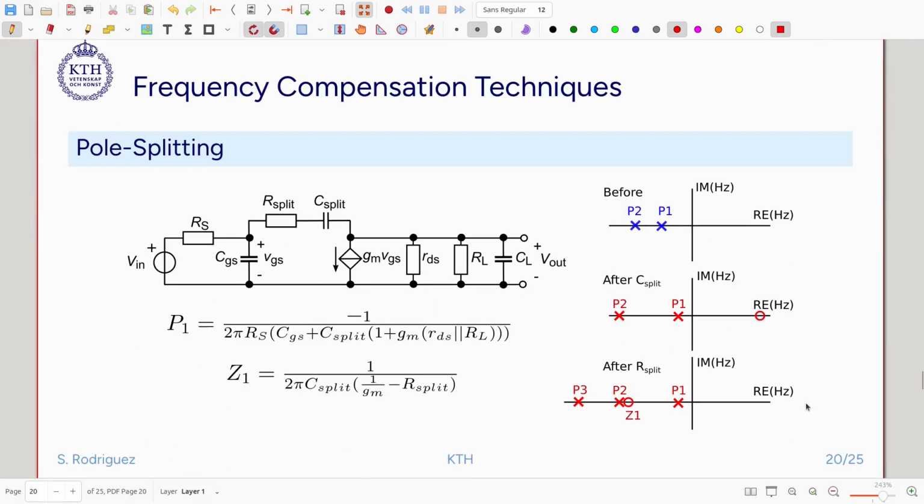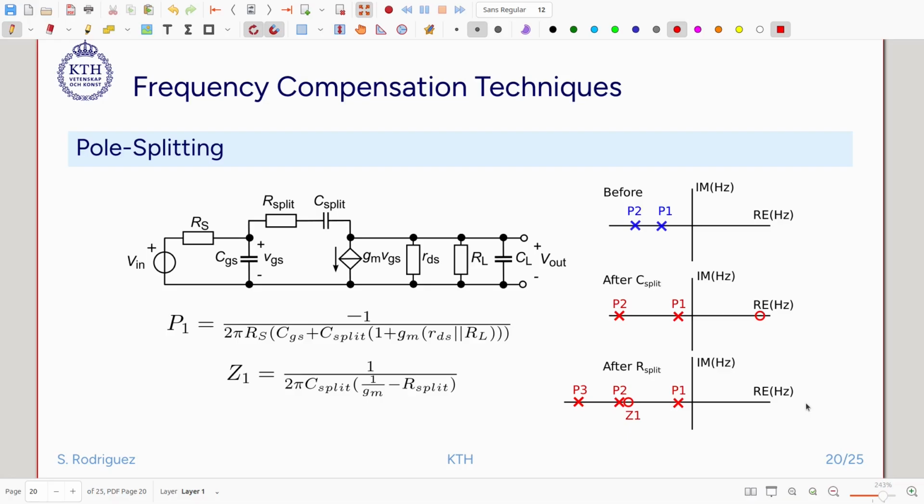Okay. Sometimes we have the situation in which the application of the phantom zero does not work. It's not that it works for all cases. It works in many cases, but in some cases we cannot move the poles to stable positions just by using a phantom zero, and then we have to resort to other compensation techniques.